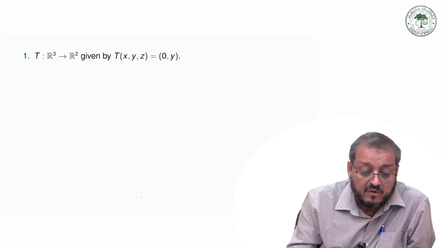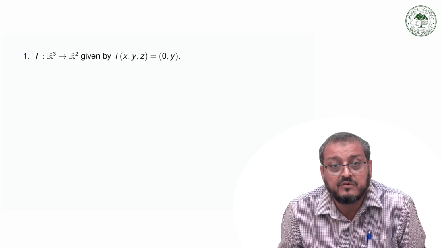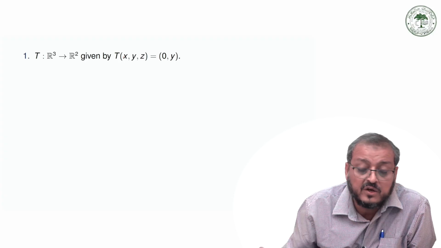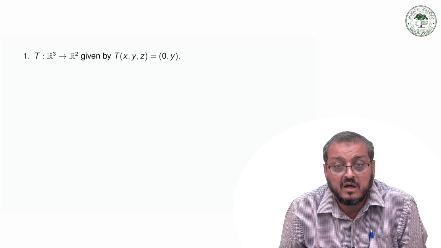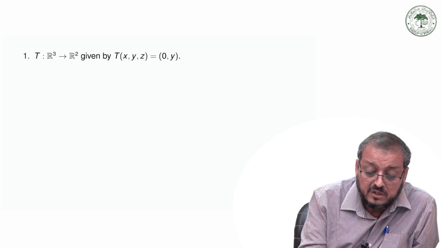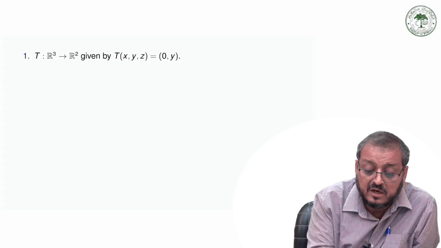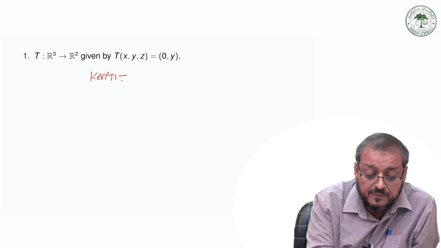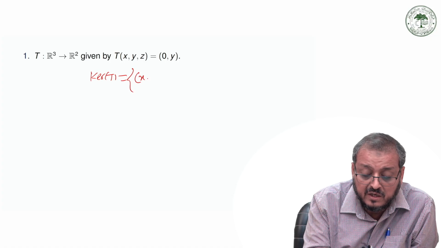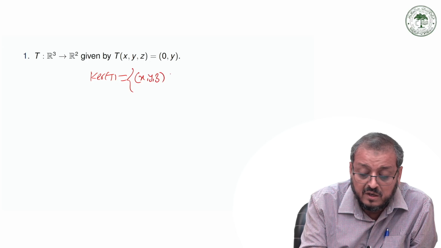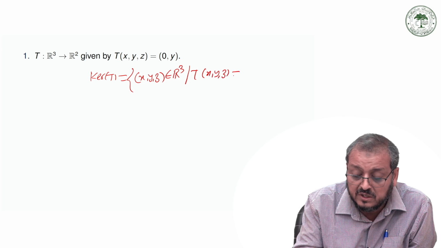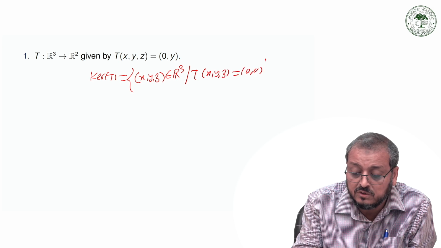Okay, now we have one more example. We have a map defined from R3 to R2, and we try to find the range and kernel of this. First we find the kernel. We take x, y, z in R3 such that T(x, y, z) is equal to the zero element of R2, that is 0, 0.